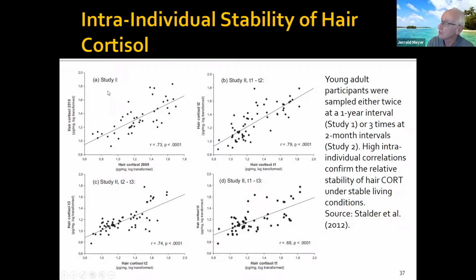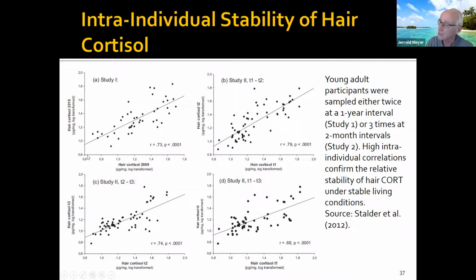Let's look at that one first. So this is 1 year apart, same participants. Each dot, of course, represents the hair cortisol at this is time 1 here, 2009. Time 2 is here, 2010. And you can see that there's a very strong correlation, 0.73, between the hair cortisol values at the 2 different time points.